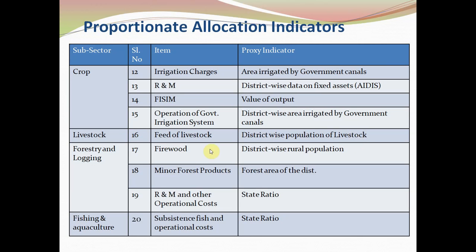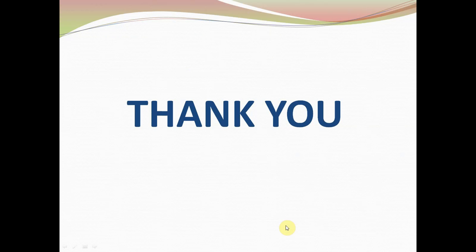District-wise rural population is used as indicator for firewood. For minor forest products, proxy indicator is forest area of the district. For repair and maintenance and other operational costs, state ratios are used. For subsistence fish and operational costs, state ratios are used.